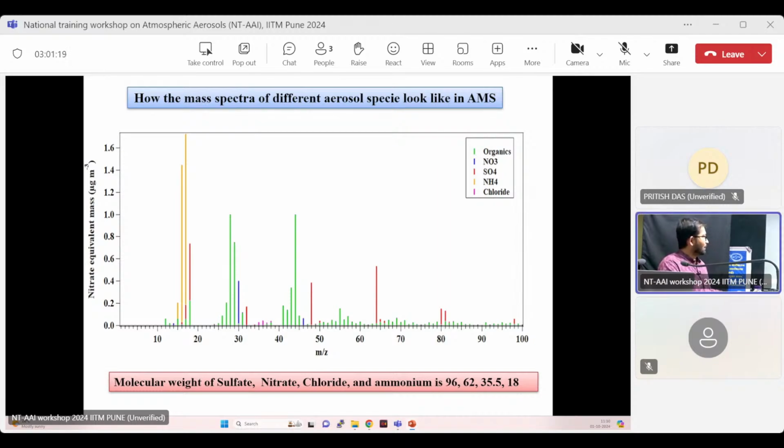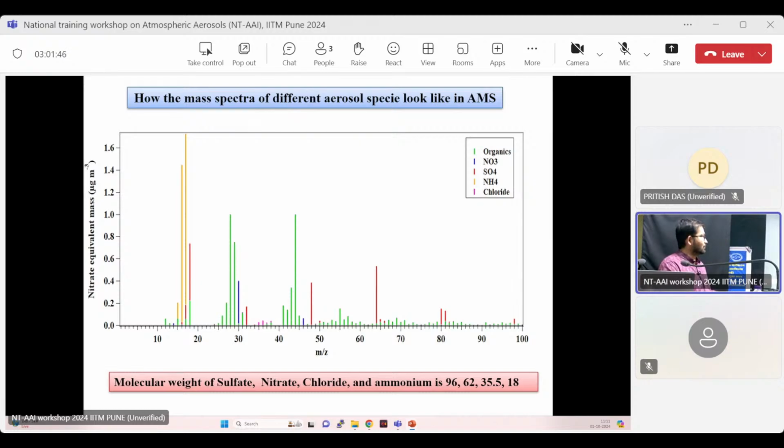For nitrate, the molecular weight is 62, but you will mostly get the peaks at 46 and 30. Similarly, for ammonium, the molecular weight is 18, so you will get a major peak at 18, then 17 and 16. For organics, the masses are spread widely, but for inorganics, it's fairly straightforward.